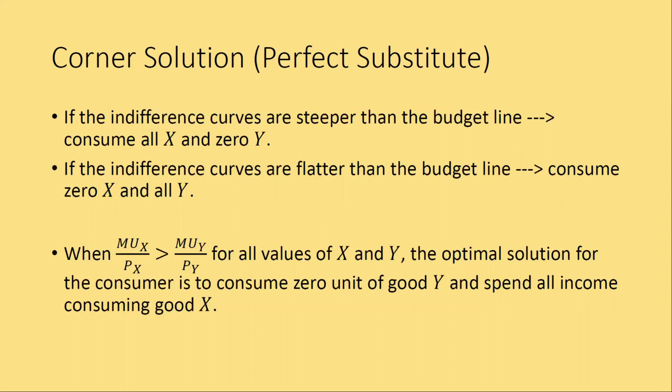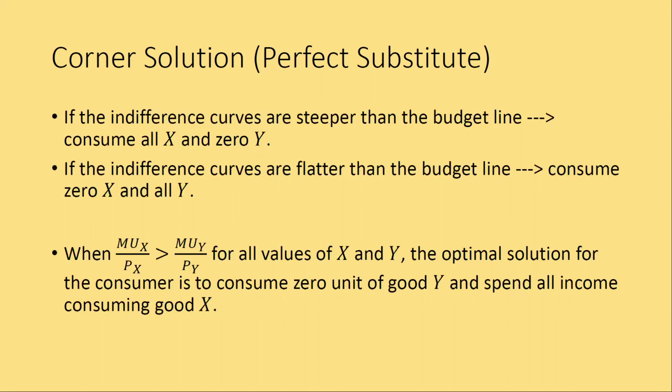We can use our intuition from the cobbler's case here again to think why the consumer is going to purchase only one good and 0 units of the other good. When we make a comparison of the slopes, we can rearrange our equations, and we are making a comparison between those two expressions, the MUX divided by PX and the MUY divided by PY.